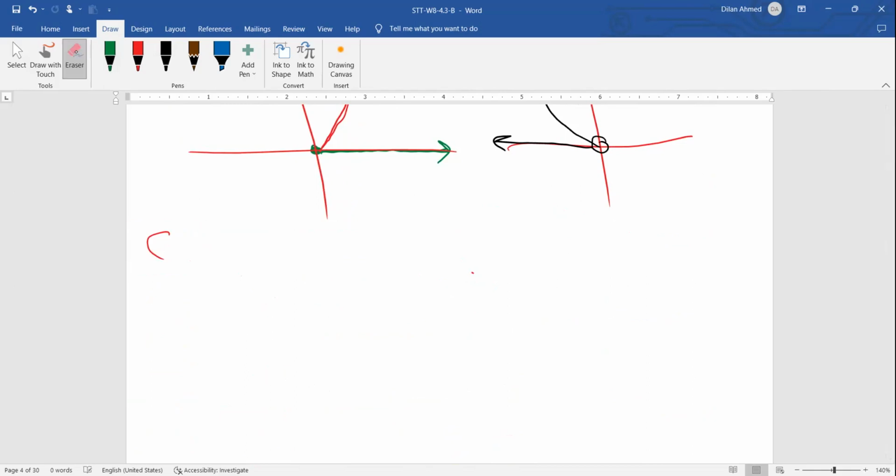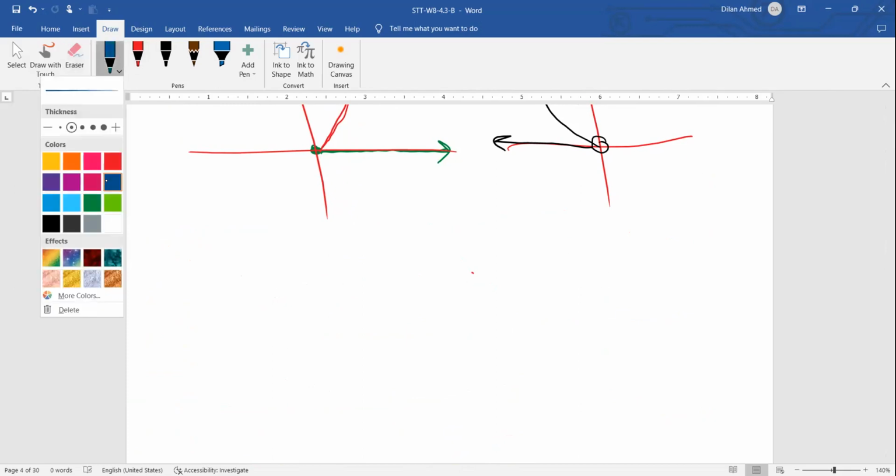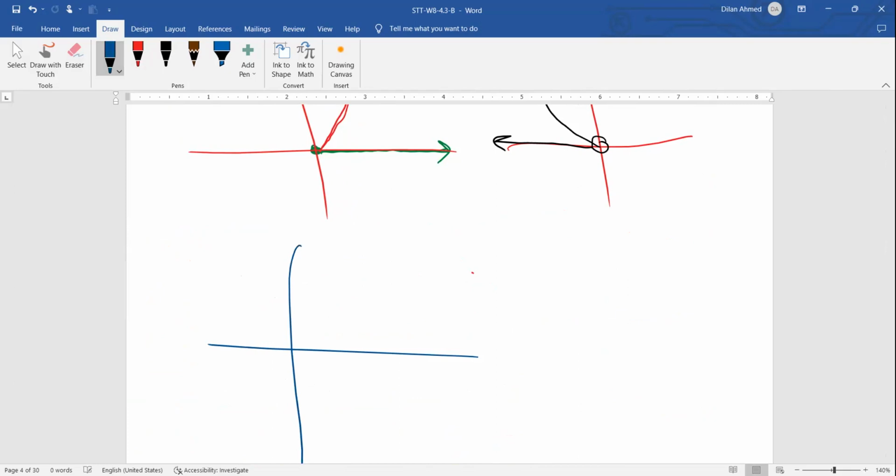So I'm going to join these two examples together. How? Here's the first part. And here's the second part. This is called a piecewise function. Two functions or three functions together.